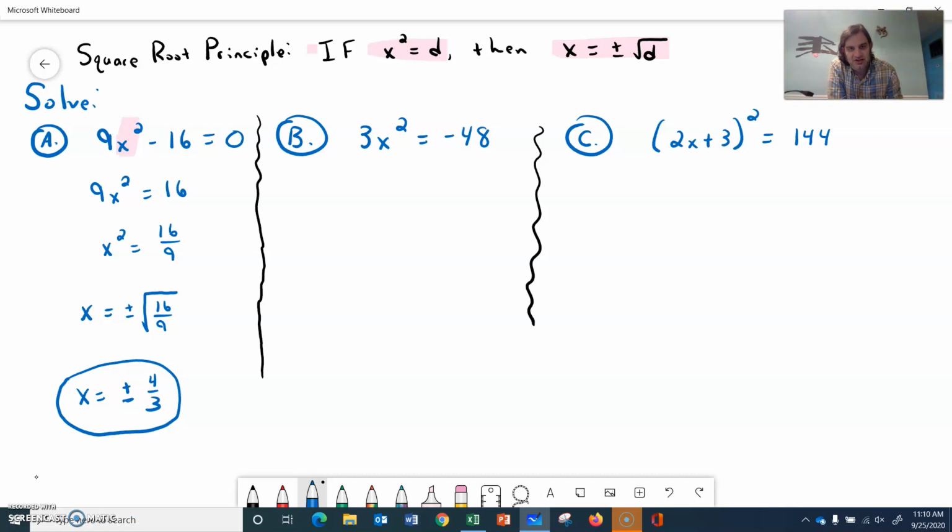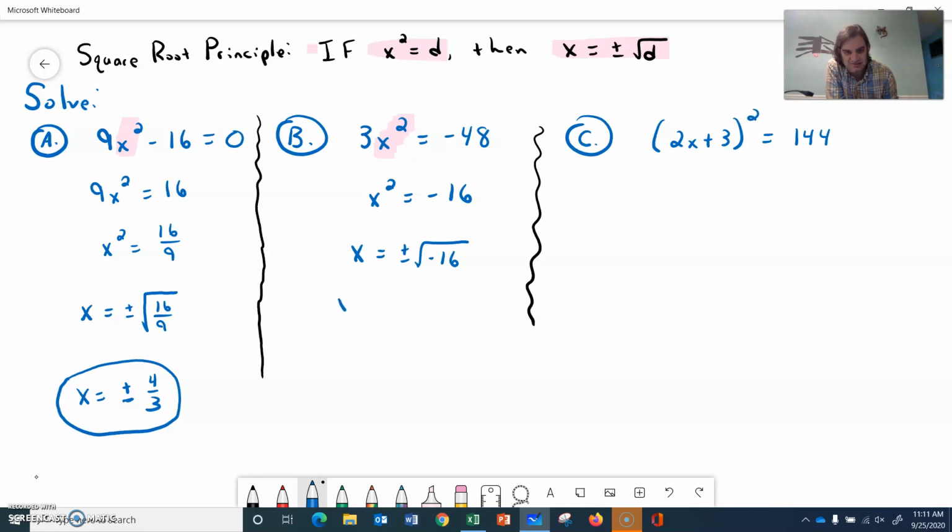B, 3x squared equals negative 18. So here, there's the x squared. We need to get rid of the 3, so we'll divide it out, and that'll give us x squared equals negative 6. We'll apply the principle, because now the number is negative 6, so we get x equals positive and negative square root of negative 6.